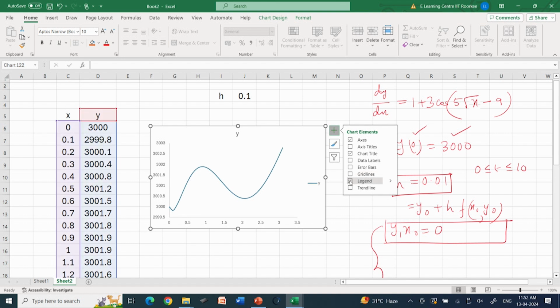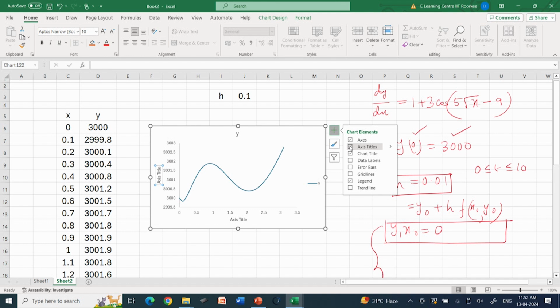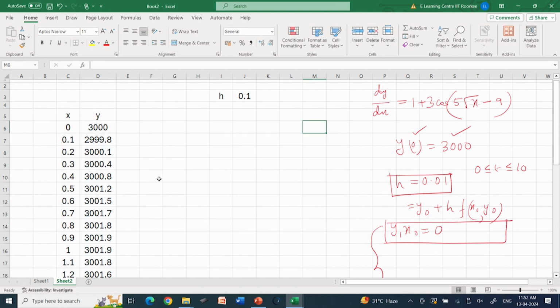I like the legend, I have the chart title, I want the axis title. So, as usual, you can type your axis title here, say x value, here it is y value, sorry.